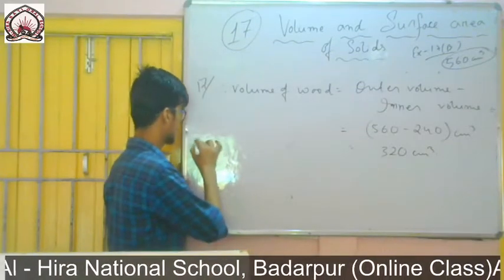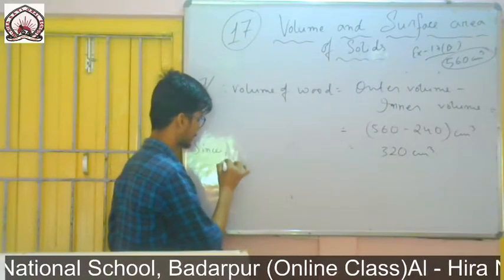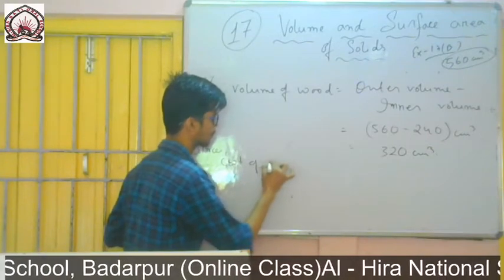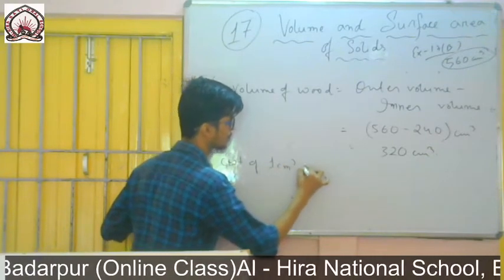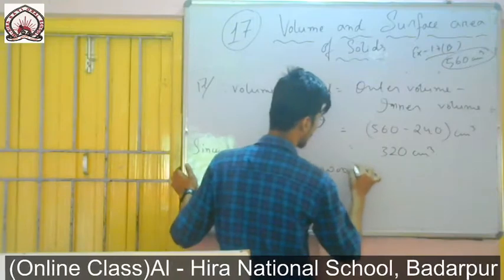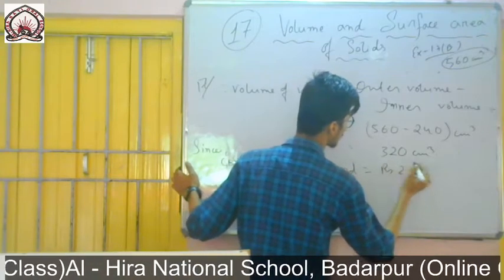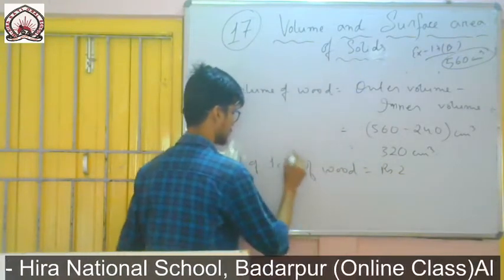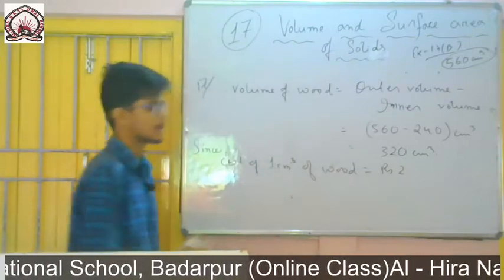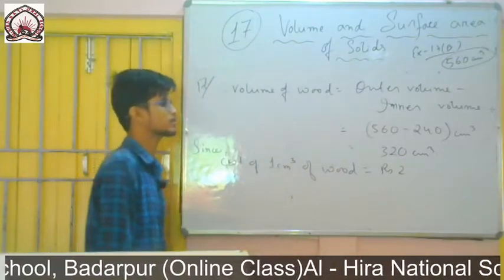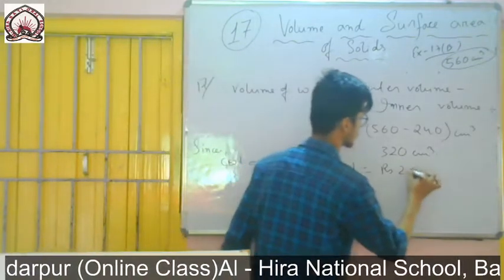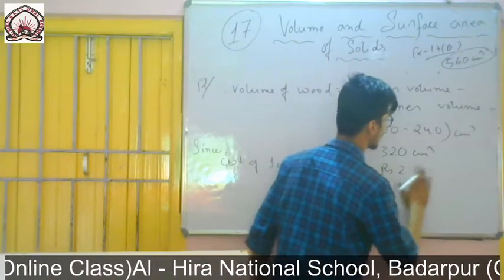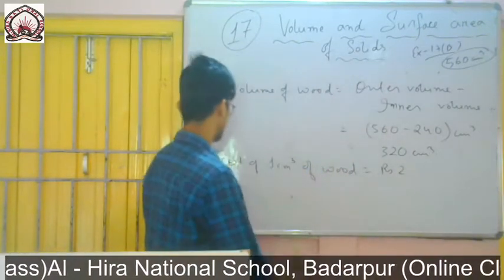So you write, since cost of 1 centimeter cube of wood is equal to rupees 2.0, that means rupees 2. Written like this, which I can write as only rupees 2.